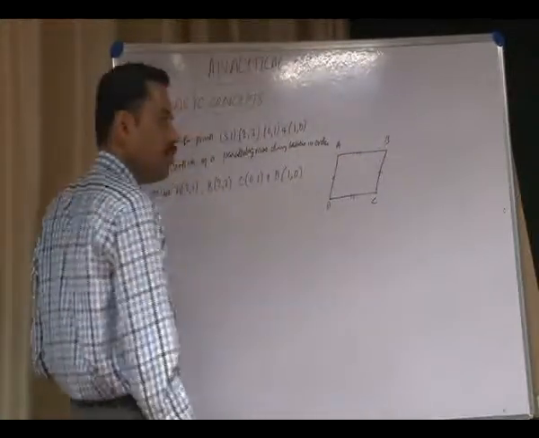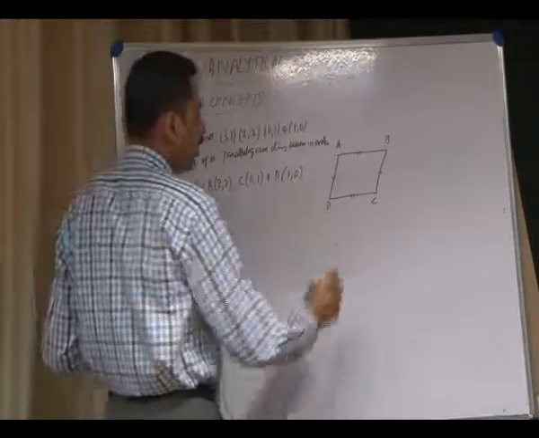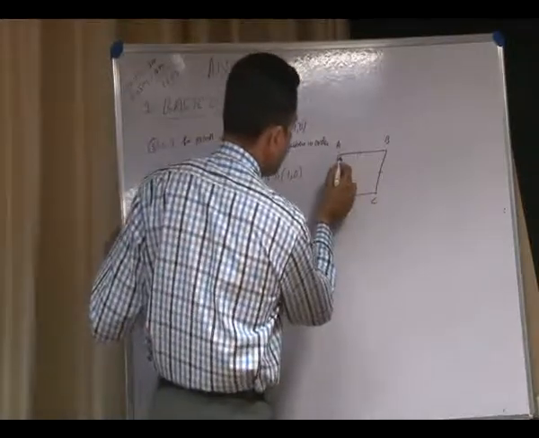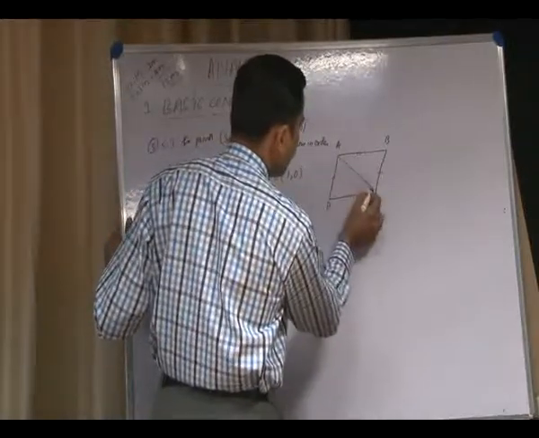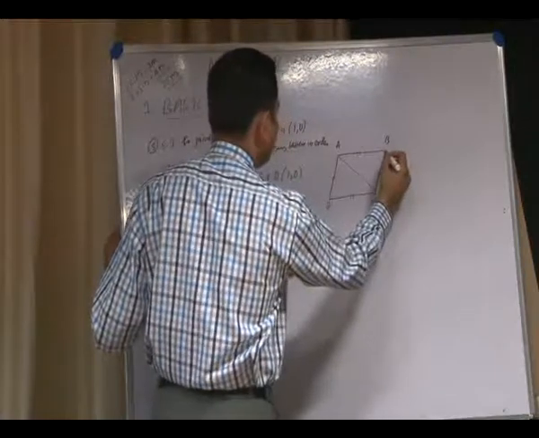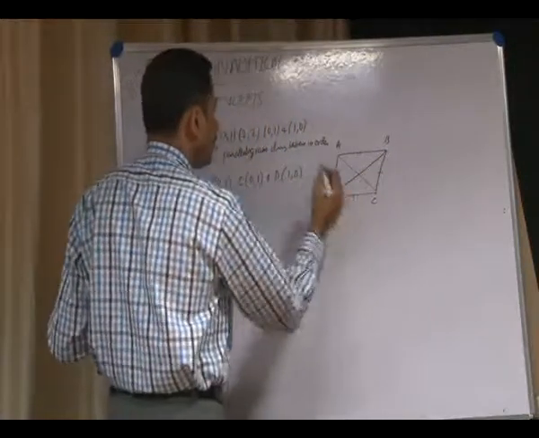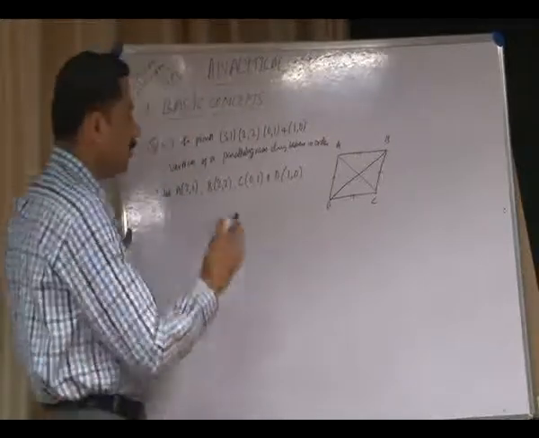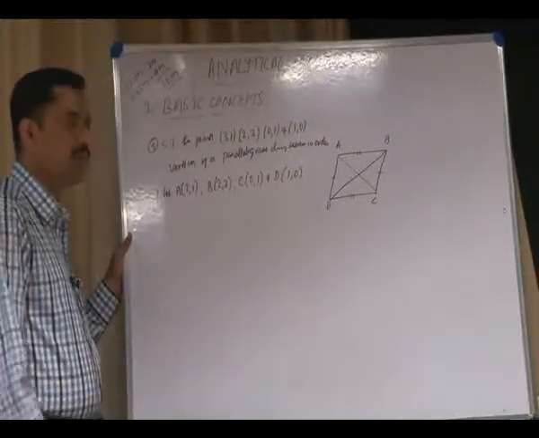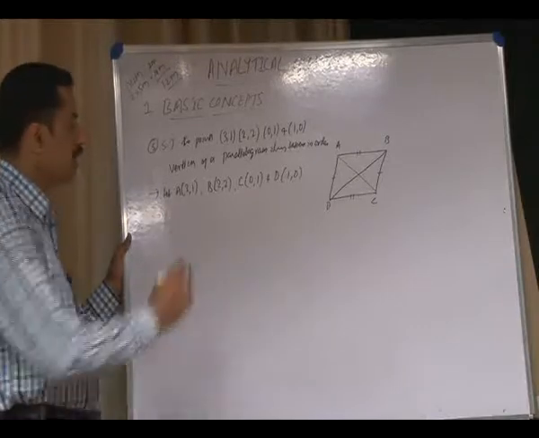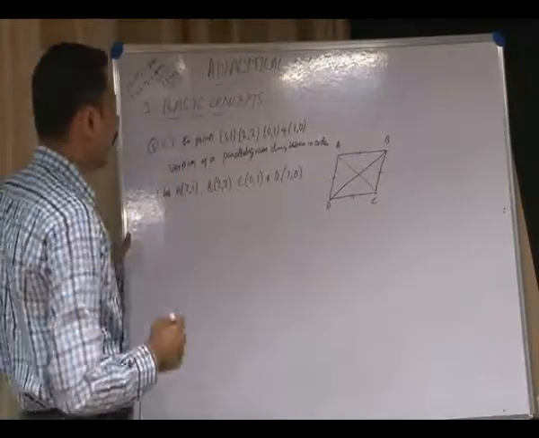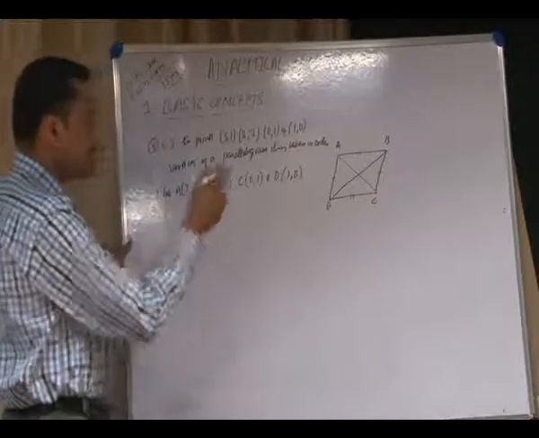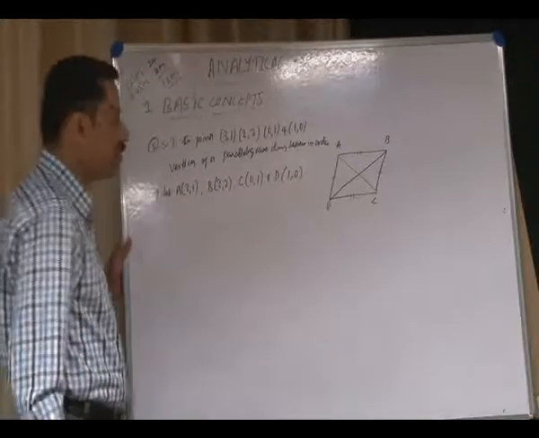Then diagonals: if you join AC, this is one diagonal and BD is another diagonal. These diagonals are not equal in case of a parallelogram. If diagonals are also equal, then that forms a rectangle. So, here you have to prove that these points form a parallelogram, meaning opposite sides are equal and diagonals are not equal.